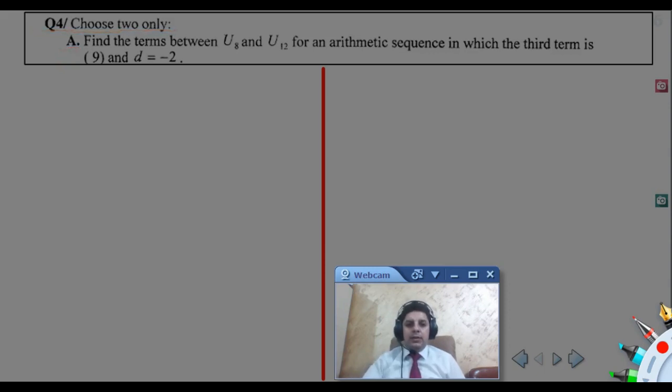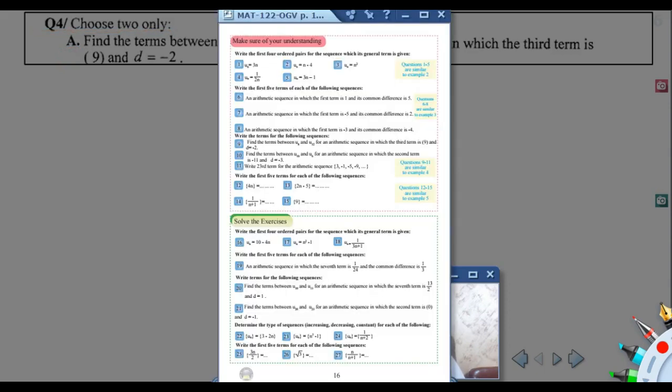Look at, dear students, that is a question from your book, from Make Sure of Your Understanding, page 16. This question is question 9 from your book.